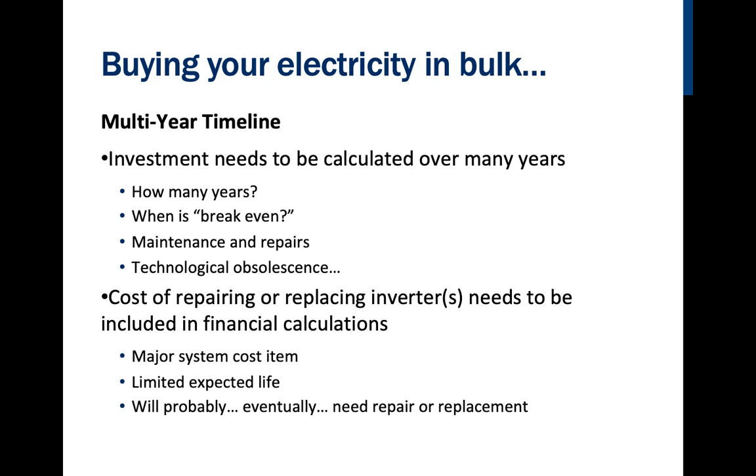We know what that cost is. Then we can take the production of that system for 30 years' time, divide that into the cost, and come up with the cost per kilowatt for that electricity.